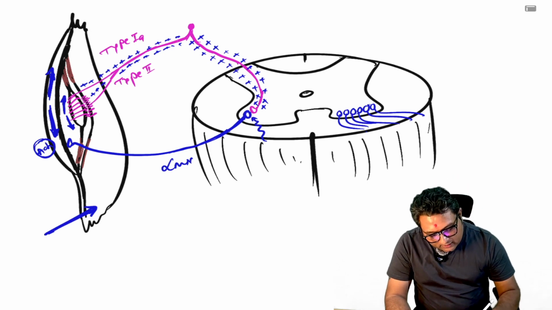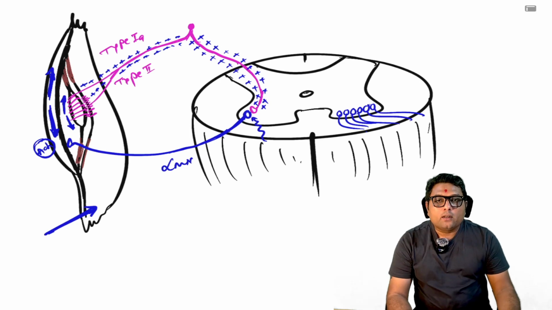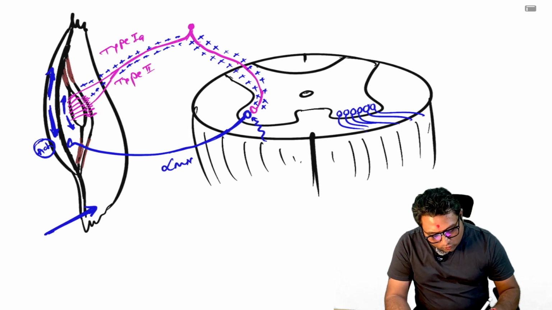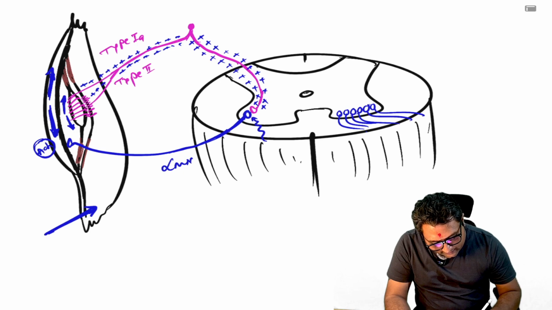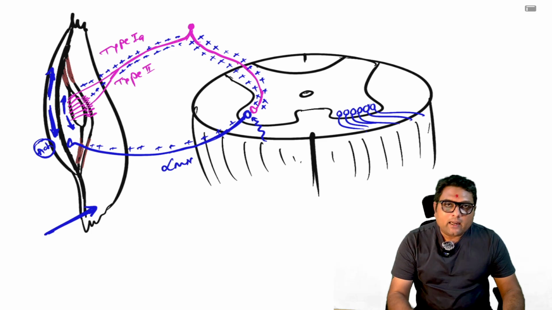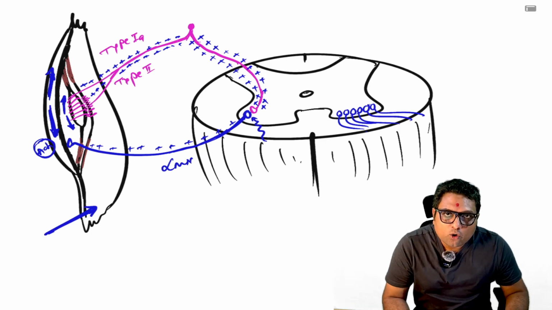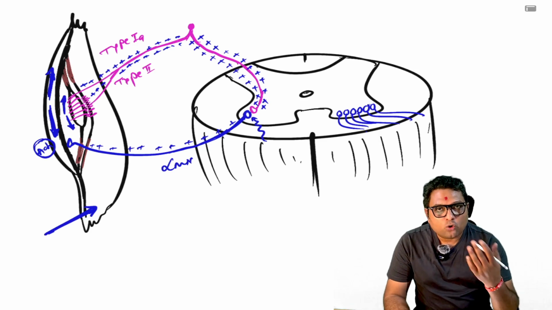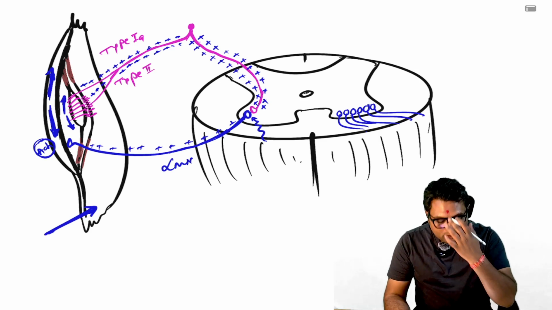Eventually it stimulates the alpha motor neuron. When the alpha motor neuron gets stimulated, the action potential runs along the alpha motor neuron, and eventually it releases acetylcholine at the nerve ending, and that leads to muscle contraction through excitation contraction coupling, right?